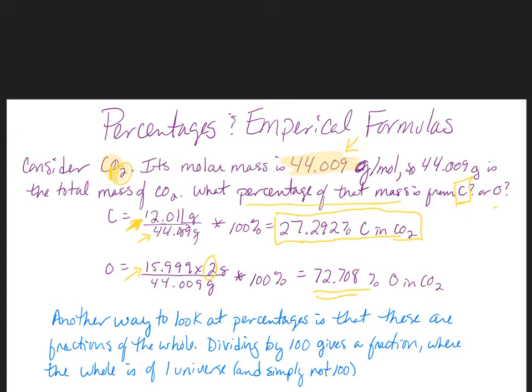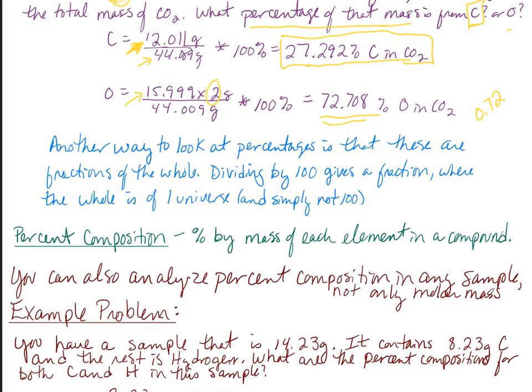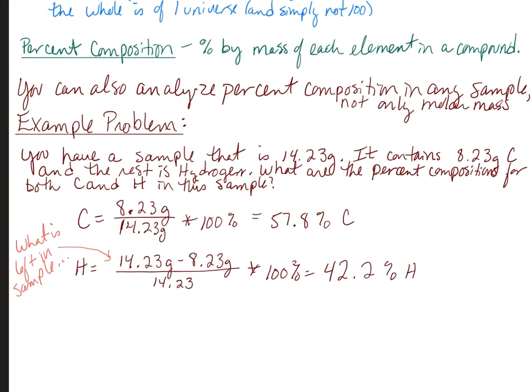So in other words, if you're totaling to 100%, that's the same thing as totaling to one total universe if you divide everything by 100. That's kind of the way that I look at it. 72% would be, in some mathematical formulas, just 0.72. So watch what you're doing with percentages versus fractions of the whole, okay? That's not something specific, that's just, in general, a note on how those things work.